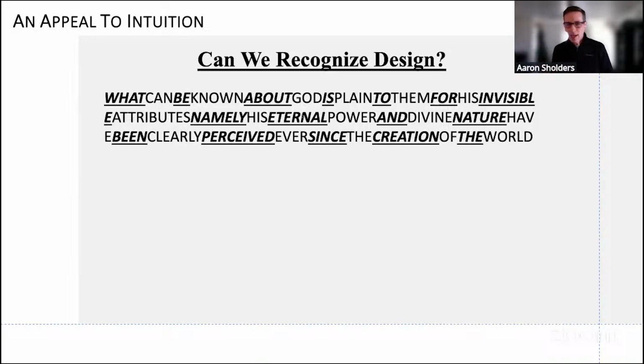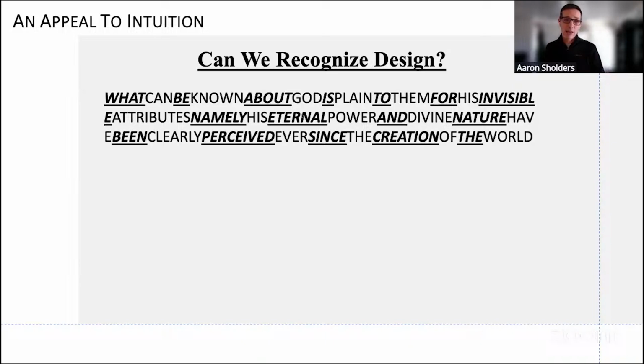And what you can see here is that this says, "What can be known about God is plain to them, for his invisible attributes, namely his eternal power and his divine nature, have been clearly perceived ever since the creation of the world." We recognize this, many of us have probably recognized this as a passage from Romans 1.